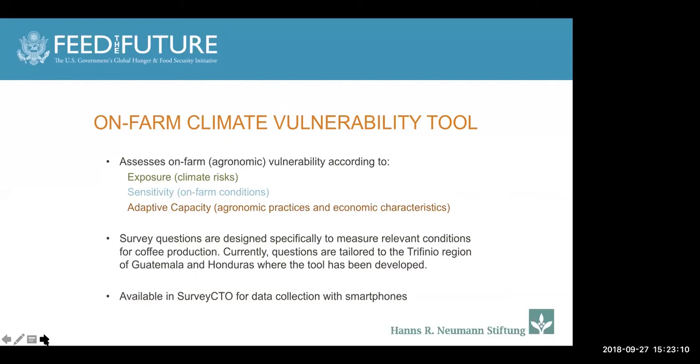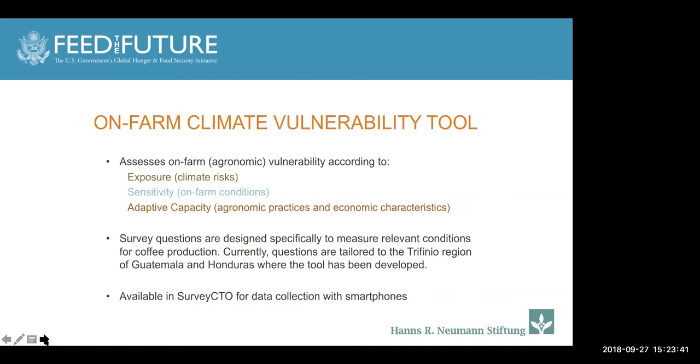So for example, coffee is sensitive to high temperatures during the flowering. And what are the activities that the farmers are doing? What are the agronomical management practices that they are implementing to improve their adaptive capacity? So we created this tool, and basically we made this questionnaire in SurveyCTO that helps us to create many different points in a coffee landscape where we can measure climate vulnerability.